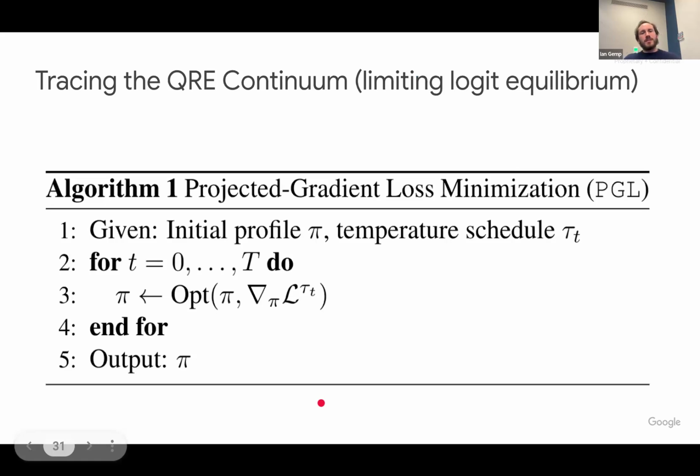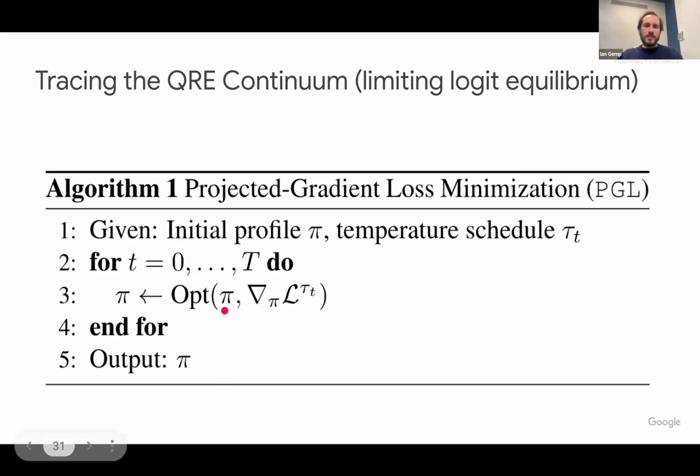Okay, so then here's the algorithm. You start with some initial policy profile. I think we always start with uniform, or most of the time, and some temperature schedules. So we're going to adjust the temperature of those entropy bonuses as we learn an approximate equilibrium profile.